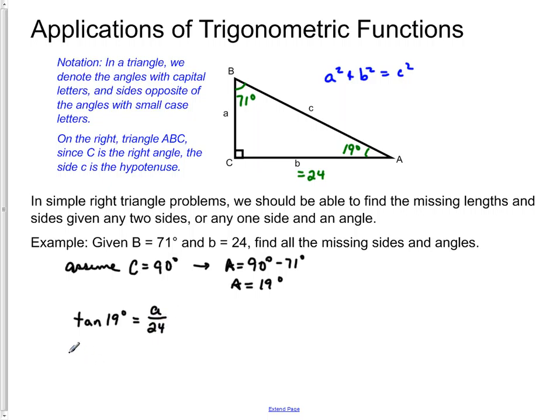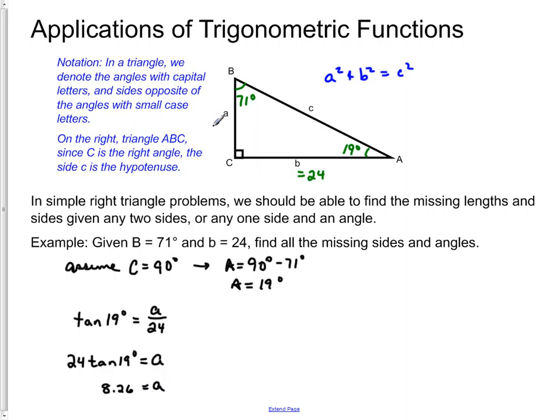So to find side a, I'd multiply both sides by 24, and 24 times the tangent of 19 degrees will give us the length of that missing side a. I worked this out before, and I found 8.26 would be the length of side a.